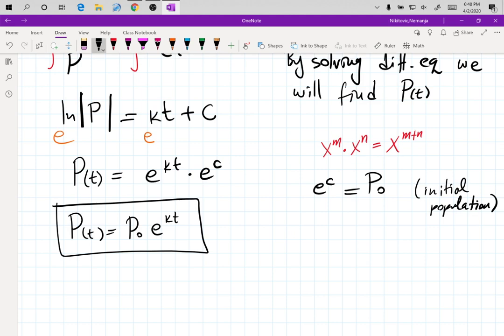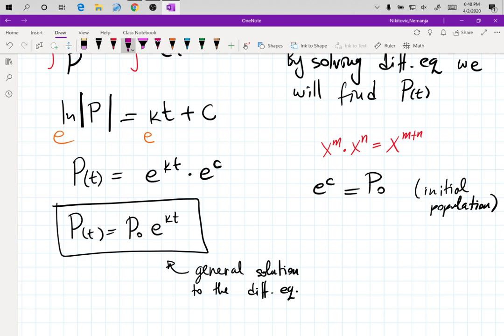So this over here is known as the general solution to the differential equation. Now, the word general, there is also particular, we're going to see that later.